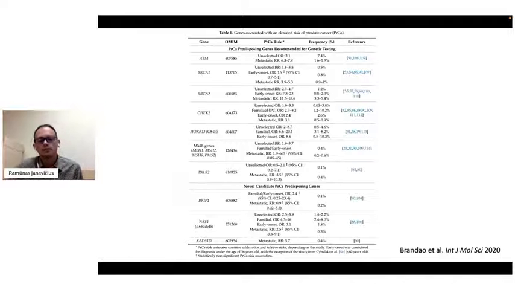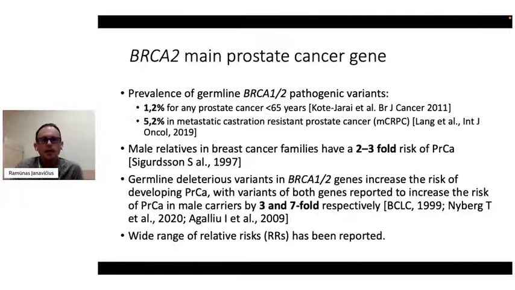And currently, there is a more or less agreed list of so-called germline genes which have elevated prostate cancer risk, which are similar to the other slides. And we can regard the BRCA2 gene as the main prostate cancer gene.